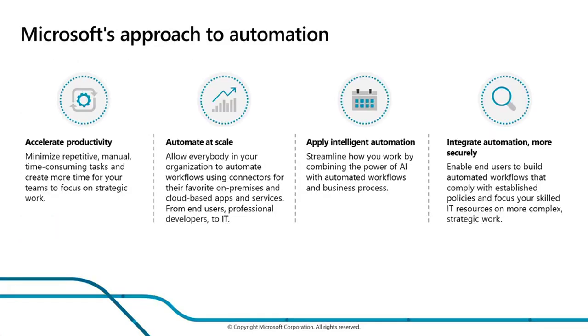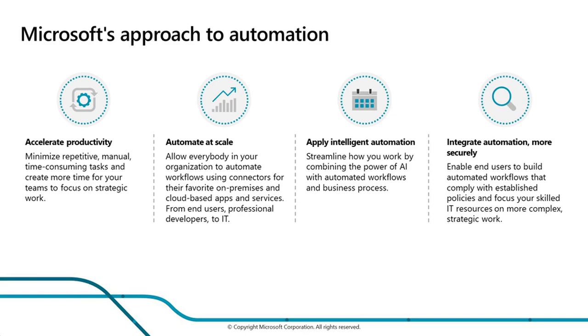So the Microsoft approach to automation. There are many SaaS services that can be accessed with modern REST APIs that automation tools such as Power Automate can connect to and orchestrate for the purposes of integration and automation of tasks.